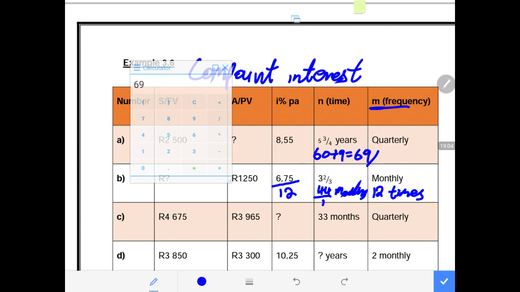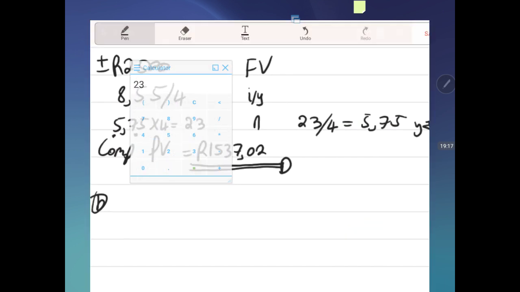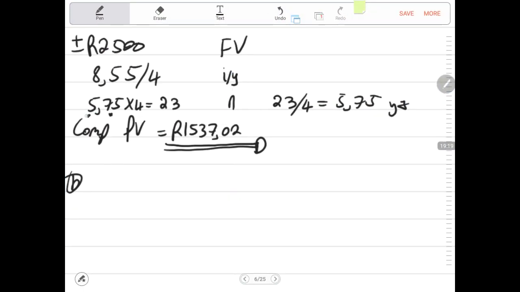There are 3 months in a quarter. Then 69 divided by 3, how much do we get? We get the same 23, the same 23 that I calculated as 5.75 times 4, that gave us 23.